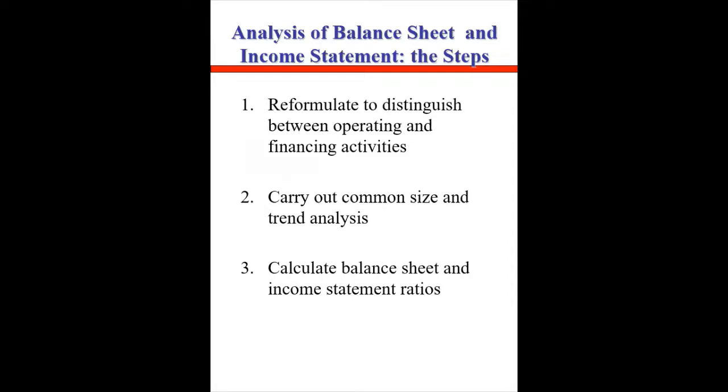So these are some purposes for which the reformulated financial statement will help us. It will distinguish between operating and financing activities. It will also help us to make common size and trend analysis. You probably can recall that we talked about the common size financial statements when we talked about vertical and horizontal financial statements.